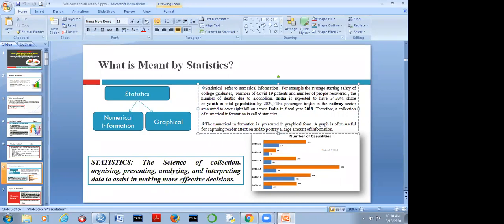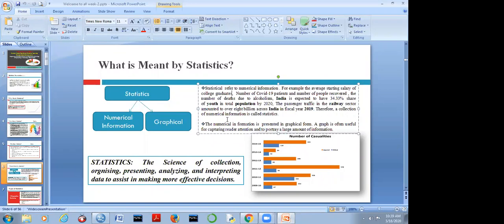India is expected to have a 34.30% share of youth in the total population by 2020. The passenger traffic in the railway sector amounted to over 8 billion across India in fiscal year, meaning financial year 2019.